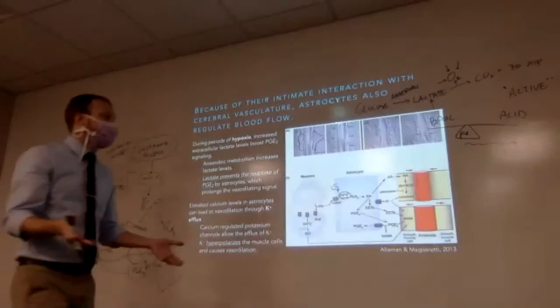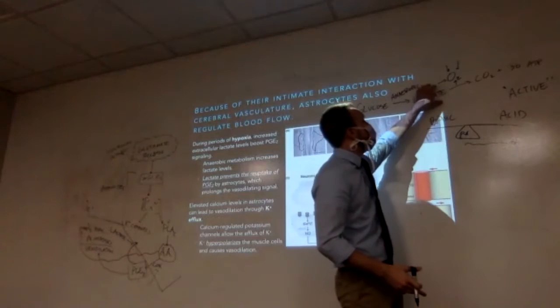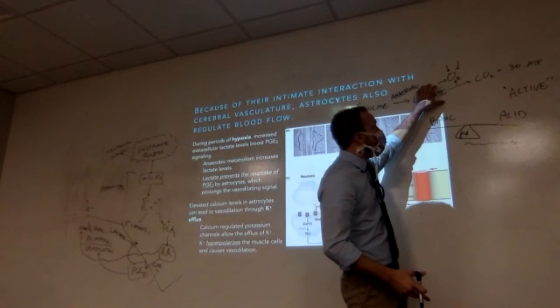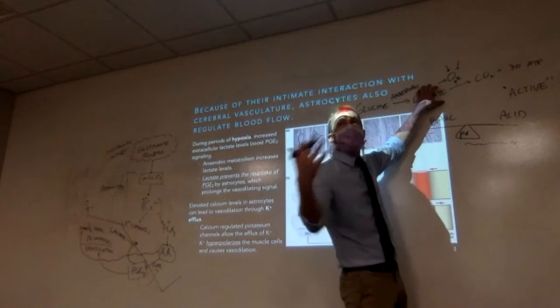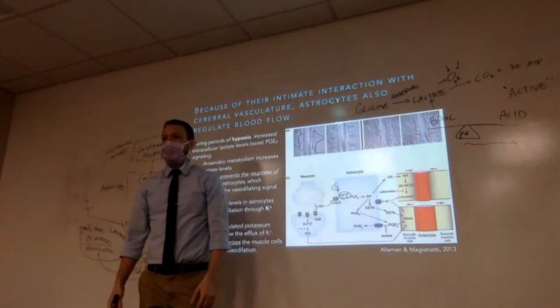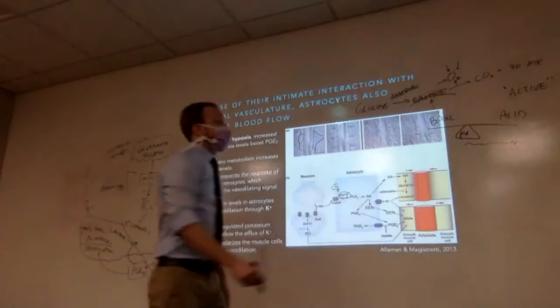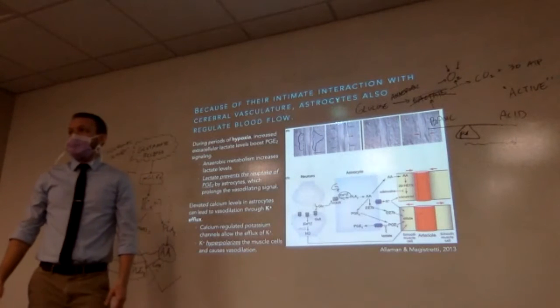So it's all dependent on what our metabolism looks like. Are we kind of hanging around here before the aerobic metabolism, suggesting we don't have enough oxygen? Well, let's cause a little vasodilation. If things seem fine and we're readily breaking down our lactate, no need for the vasodilation.